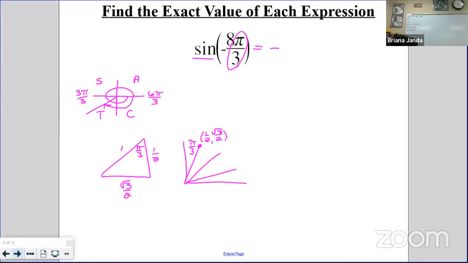Pi over 6, pi over 4, pi over 3. Cosine comma sine is my bottom fingers. I have 3 bottom fingers, square root of 3 over 2, negative, because we are in quadrant 3 doing a sine problem. Questions?